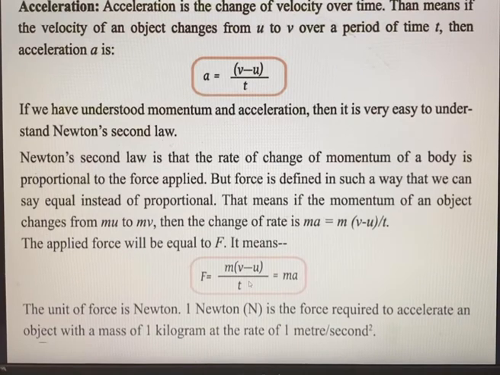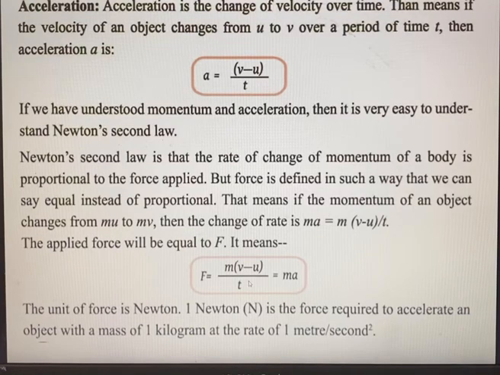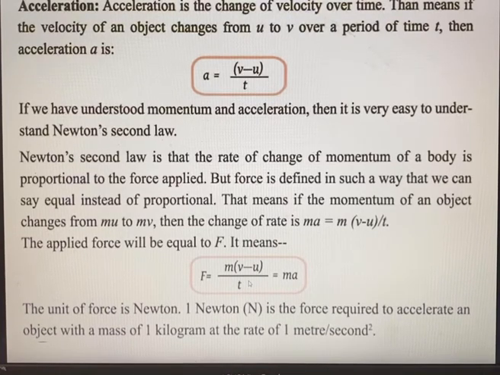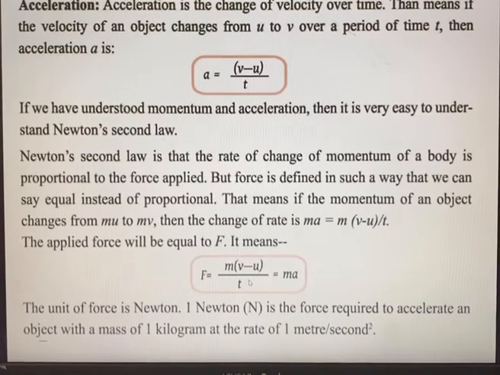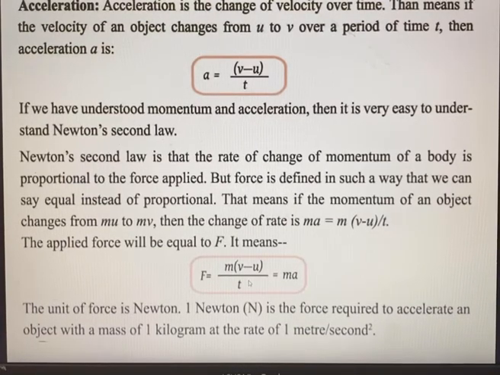That means if the momentum of an object changes from mu to mv, then the rate of change is ma, that means m within bracket v minus u divided by time. Okay, the applied force will be equal to F. The unit of force is simply Newton. 1 Newton, or capital N, is the force required to accelerate an object with a mass of 1 kilogram at the rate of 1 meter per second square.